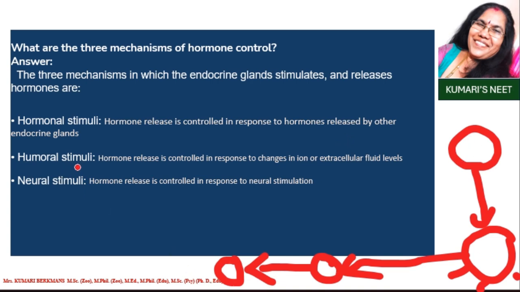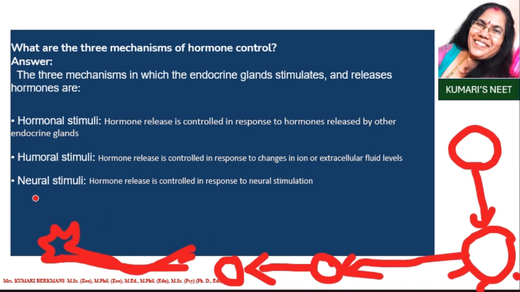Humoral stimuli means the hormone release is controlled in response to changes in ion or extracellular fluid levels. Neural stimuli means the hormone release is controlled in response to neural stimulation. What you have seen in the nerve cells as a messenger, the neurons take the messages to different organs.